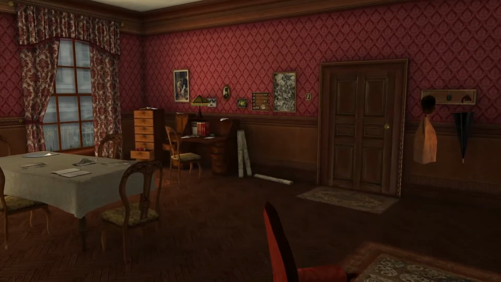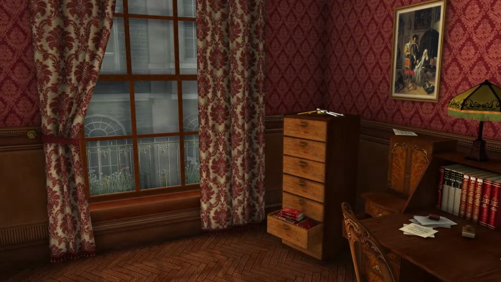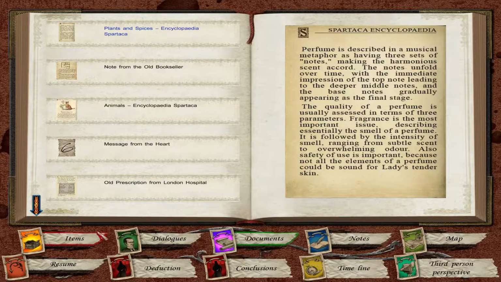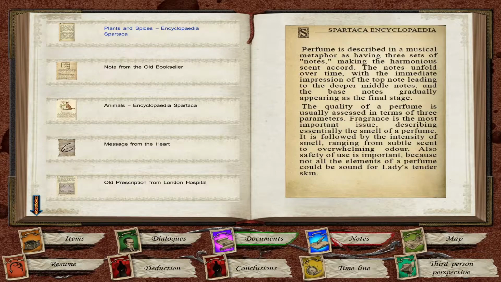Last time we managed to get some perfumes, and now we apparently need to sort them out. A case of perfumes and these stolen jewels. And what else? Yeah, we need to make a diversion. Wait a minute, notes.